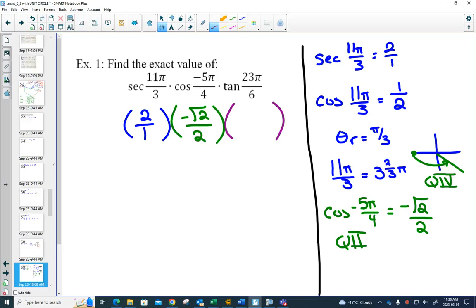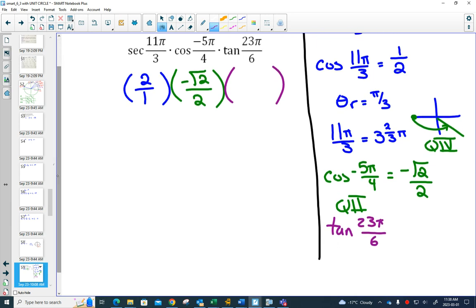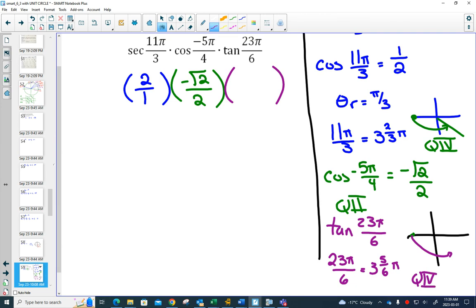And finally, tan of 23 pi over 6. I know it's part of my pi over 6 family. 23 pi over 6 as a mixed fraction is 3 and 5/6. 3 will take us to here. 5/6 is more than a half, so this is in quadrant 4.